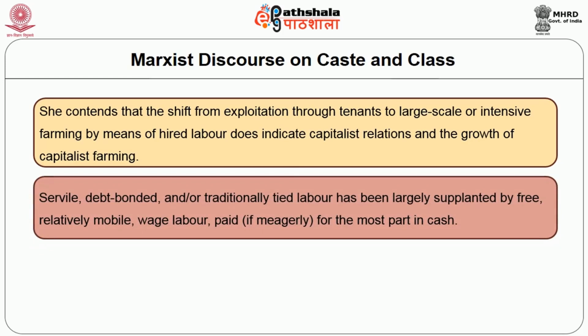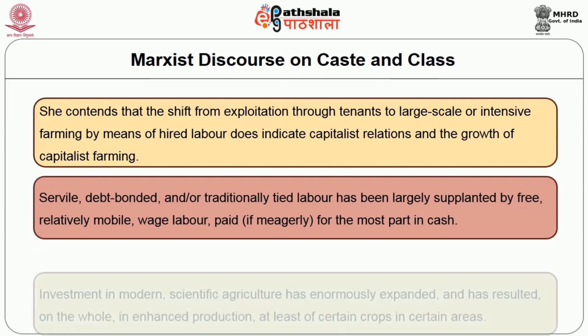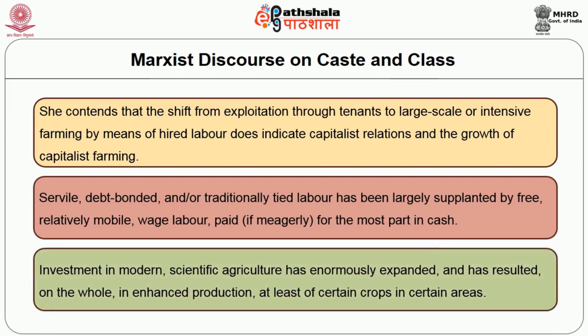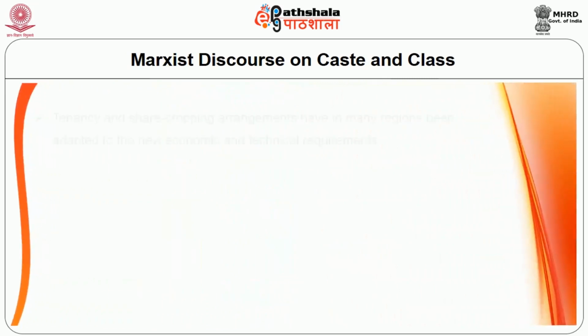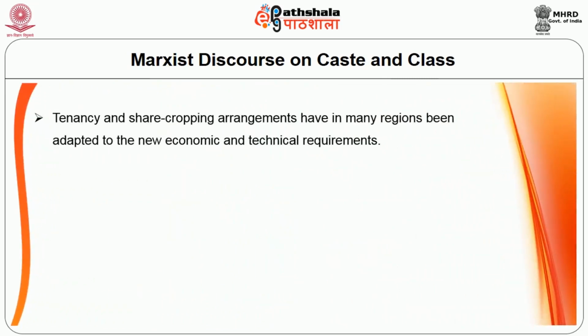Servile, debt-bonded and/or traditionally tied labor has been largely supplanted by free, relatively mobile wage labor, paid, if meagerly, for the most part in cash. Investment in modern scientific agriculture has enormously expanded and has resulted on the whole in enhanced production, at least of certain crops in certain areas. Tenancy and sharecropping arrangements have yet in many regions been adapted to the new economic and technical requirements.